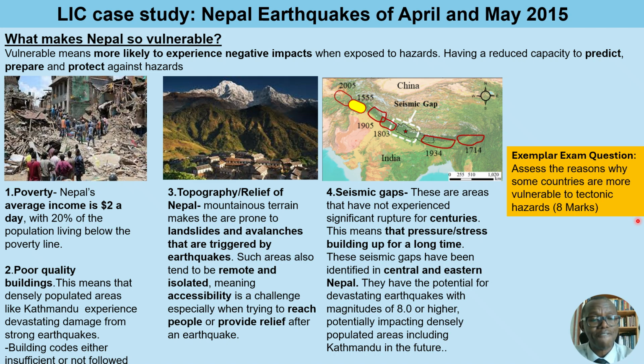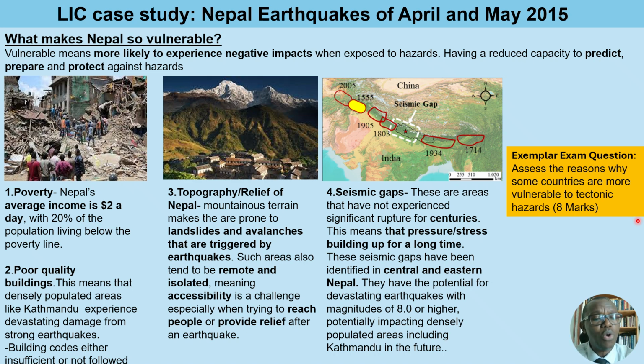That makes them a lot more vulnerable to earthquakes. And then at an individual level, people are not able to live in homes that are constructed in a way that prevents them from collapsing if an earthquake was to take place. So again, that is a vulnerability both at the national level and at the individual level.